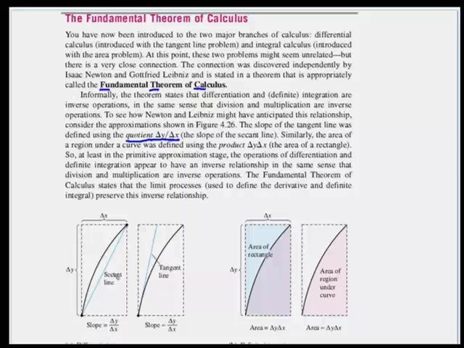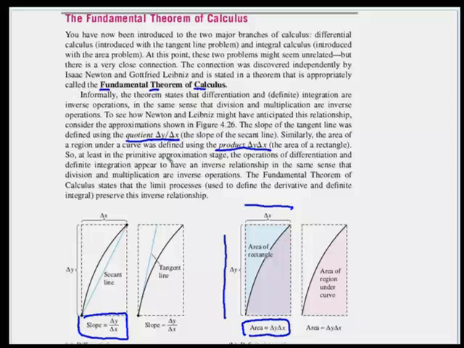So down here, you know the slope of our secant line was delta y over delta x, or the slope of the tangent line is also delta y over delta x. Similarly, the area of the region under a curve was defined using the product delta y times delta x, or the area of a rectangle. Here's our delta y, delta x is the width. The area of the rectangle is, we multiply those two, where for the slope it was their quotient.